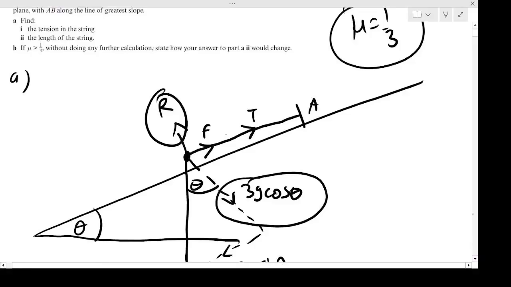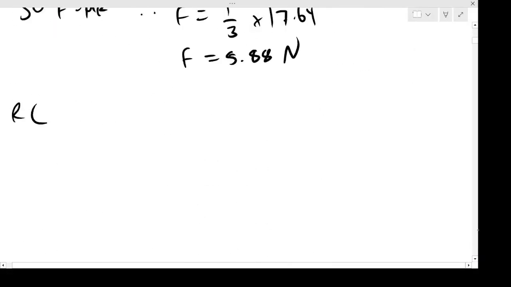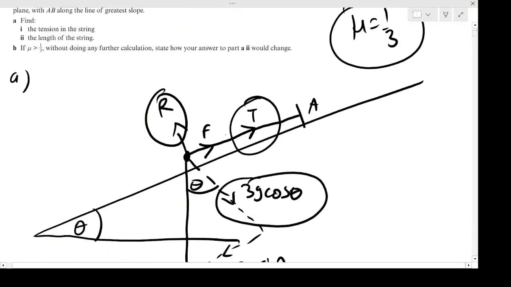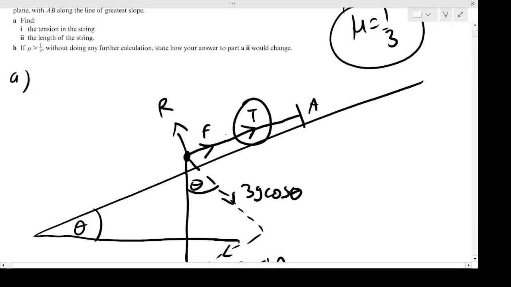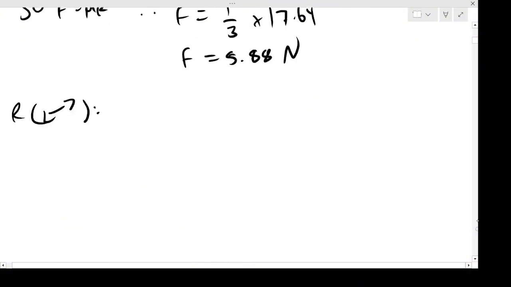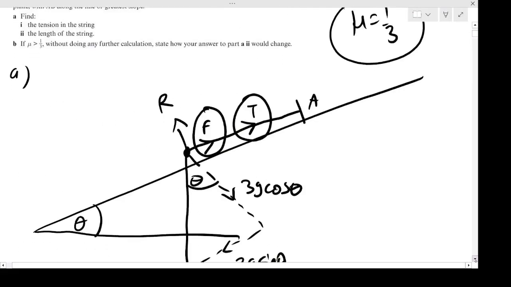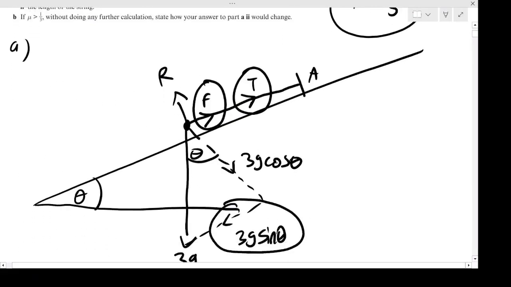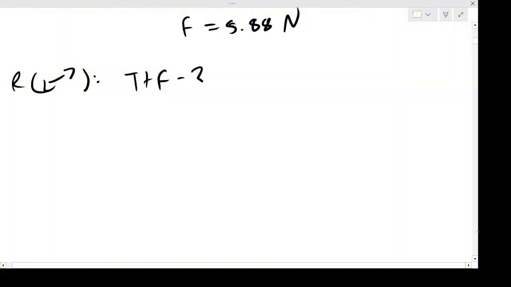Then I can lastly find the force T by resolving along the plane. My forces are up the plane, up the slope: the force T and the force F, the friction, both act up the slope. So T plus F. Then the force in the opposite direction is the 3g sine theta. Hopefully you're familiar with that from other examples. Again, that's going to equal 0, as there's no acceleration.